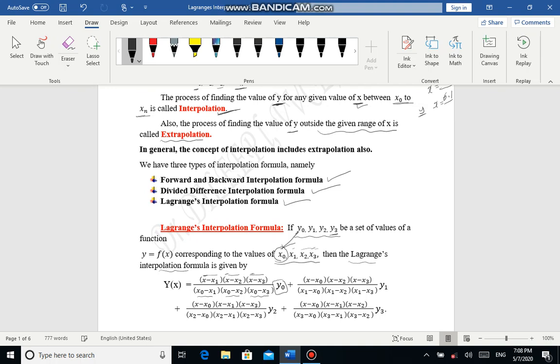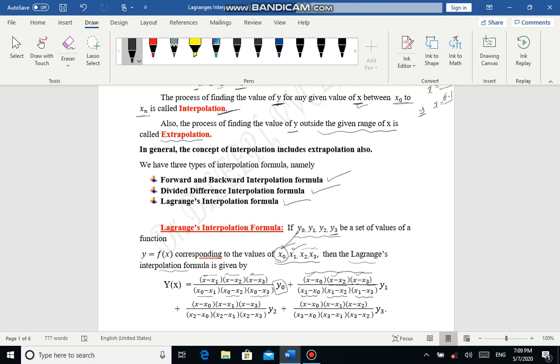Now how to consider the second term? Plus, what is the second value of x? x1. So I won't consider that in the numerator. So observe x minus x0, x minus x2, x minus x3. So x1 is missing. So in the denominator, I will replace this x by x1. So x1 minus x0, x1 minus x2, x1 minus x3.